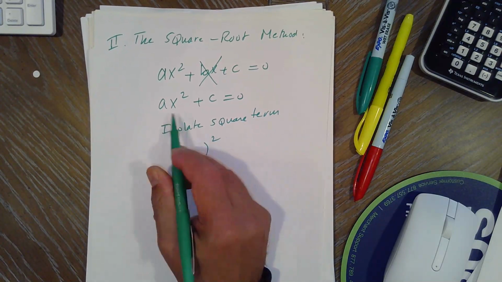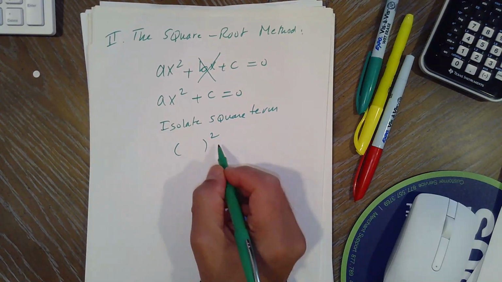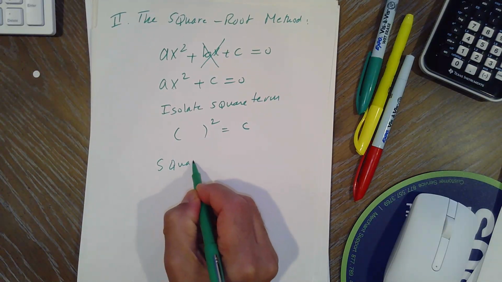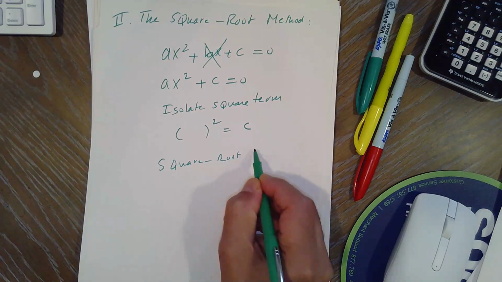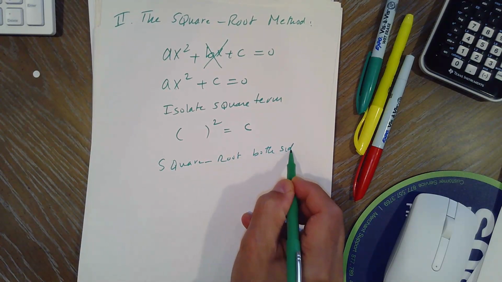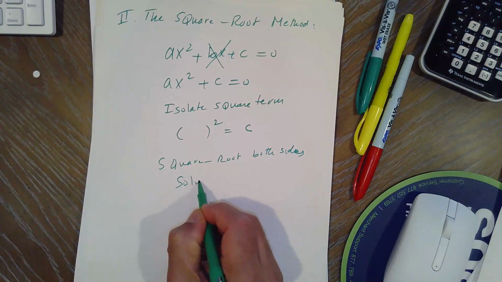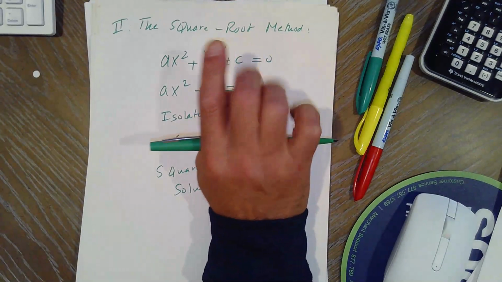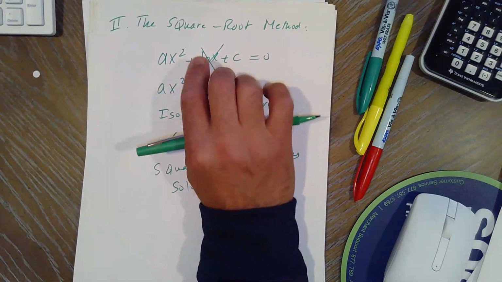It doesn't have to be x, it could be x plus 1 or 2x minus 1, squared equals c, and then square root both sides and solve. So isolate, square root, and then solve. Again, this is restrictive because you can only do it if you have a square term and a constant, so no middle term, basically.